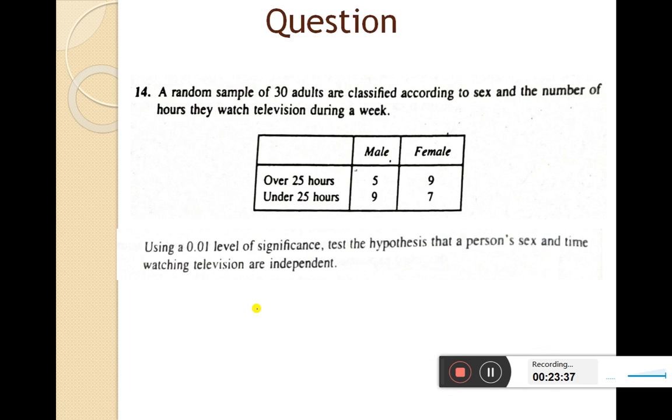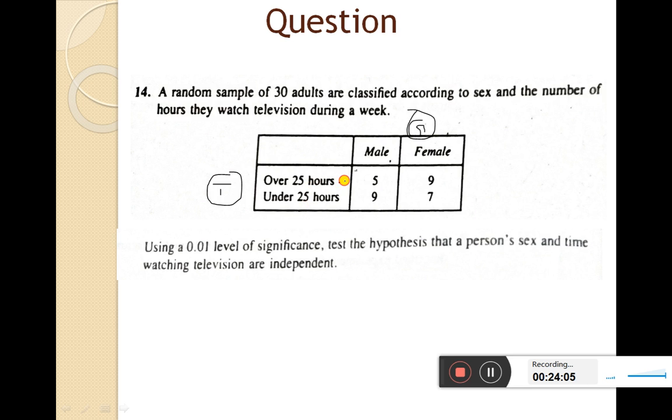If you focus on one thing, students: male or female is one variable, it is gender. And over 25 hours, under 25 hours, that is simply known as your time. It means I have two variables, one is time, one is gender, and each has two levels: male and female, over 25 and under 25.